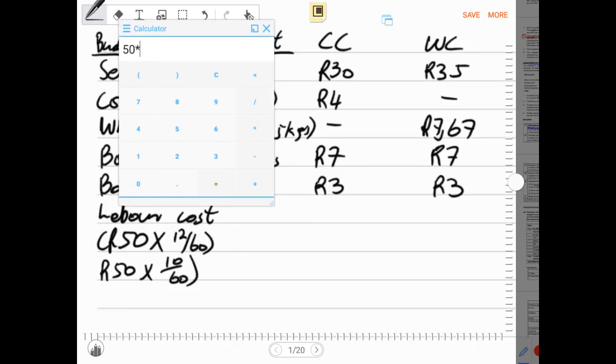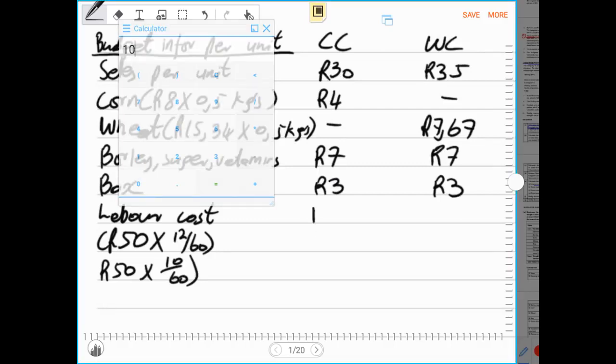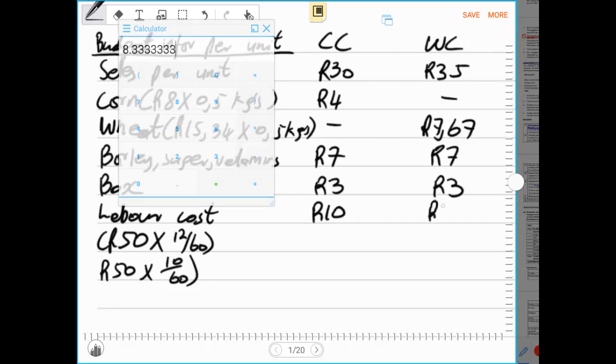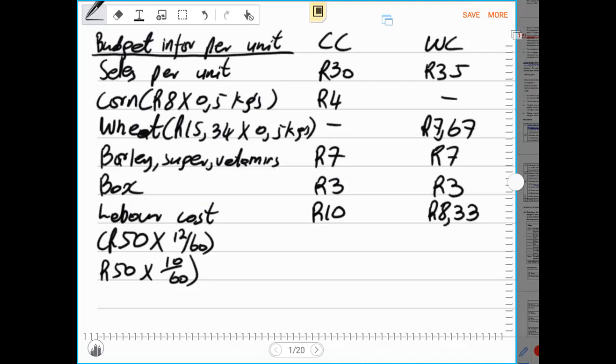So it's 50 times 12 over 60, and this gives me an amount of 10 rand per unit, no longer per hour. Then we have 50 rand divided by 60 times 10, which gives me 8 rand 33 cents. So now this will be the cost of labor per unit to complete these two products.